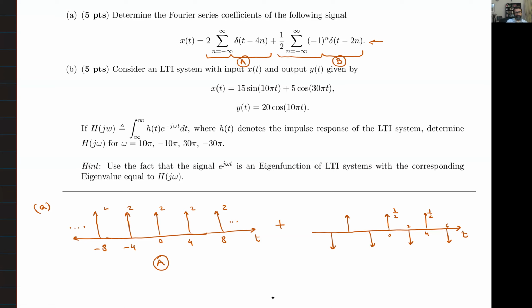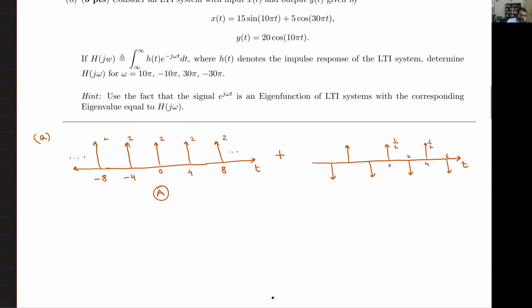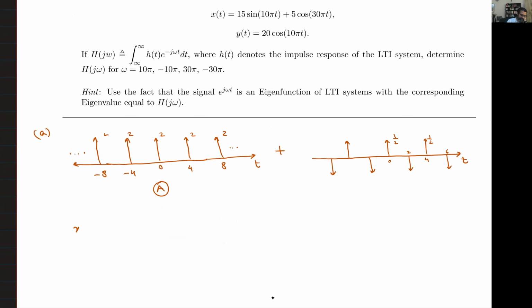Okay. So what would x of t be? x of t is just going to be simply, you add them up. So x of t is the summation of signal A and signal B. And what you therefore get is x of t looks something like this. So this is t.